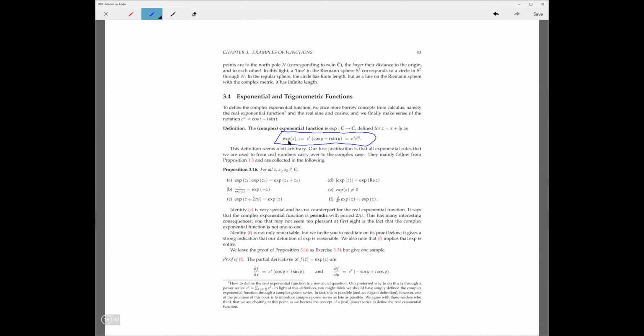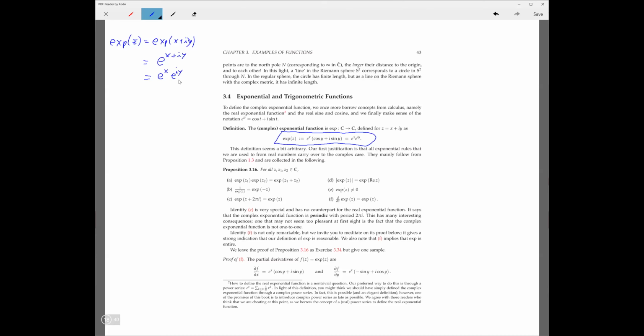It's e to the, so if you think of it this way, exp of z. Think of it as exp of x plus iy. But then if you think of it this way, it's raised to the x plus iy. I think the reason they don't just define it as e raised to this power is because they want to get away from the idea that it's just this number raised to a certain power.